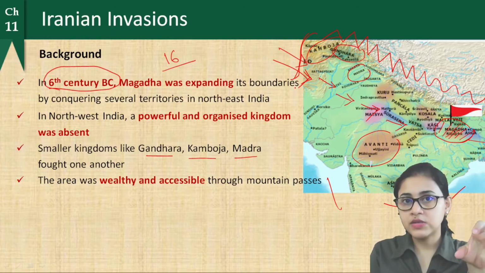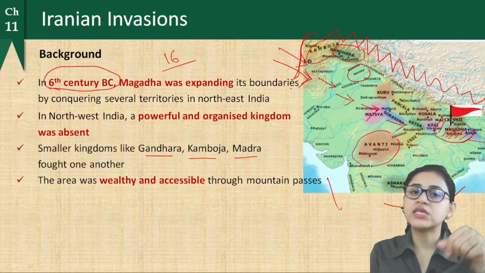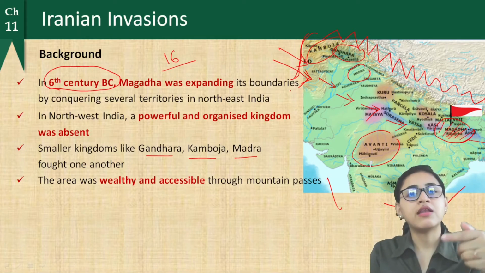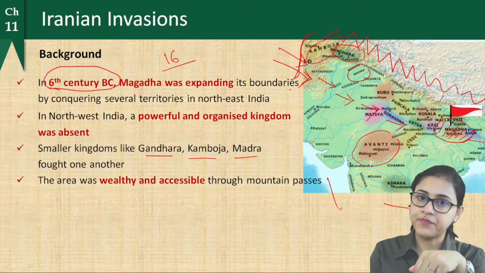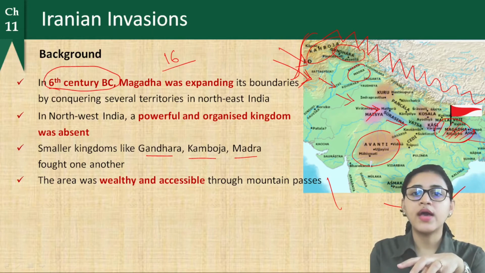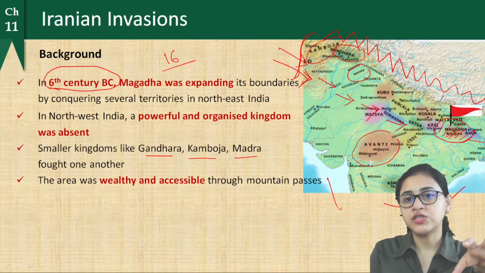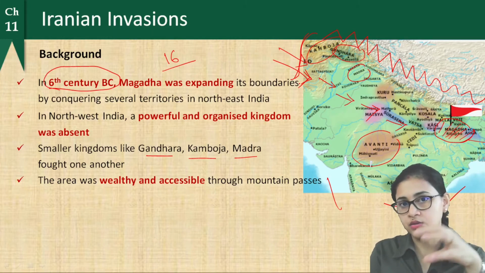So as the passes remained unguarded, it was easier for the invaders to enter India through this northwestern part. This is why we have most of the invasions through the northwestern part of India.